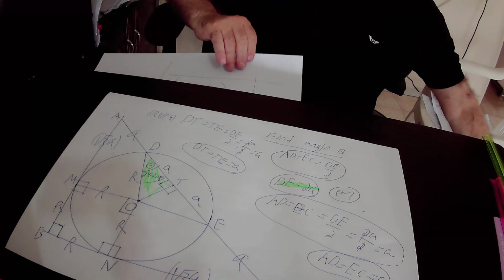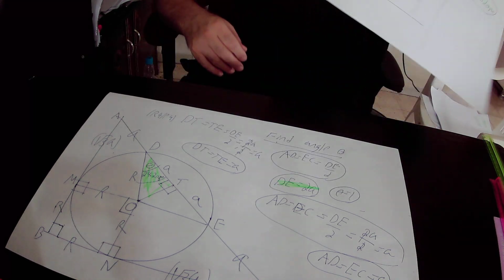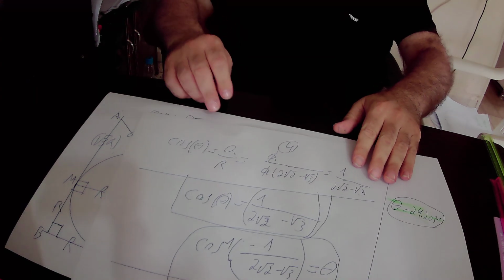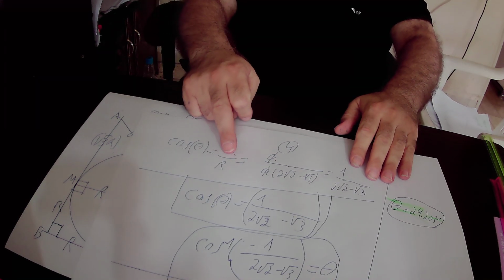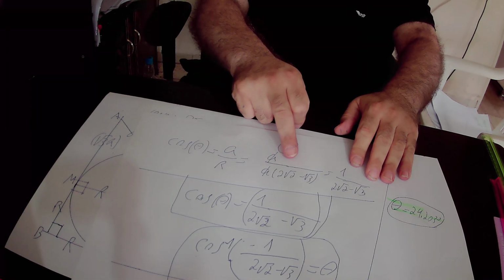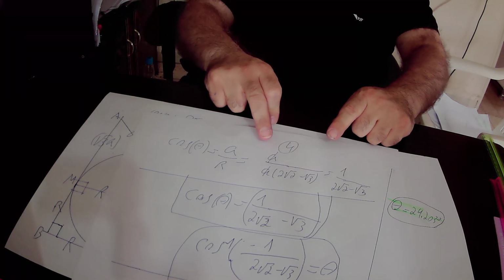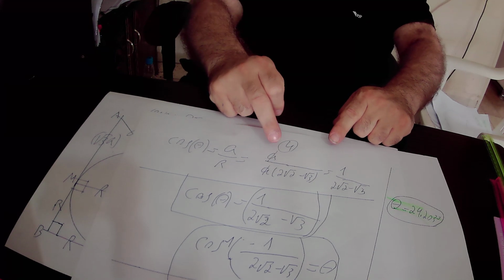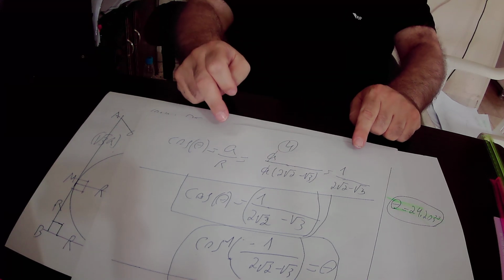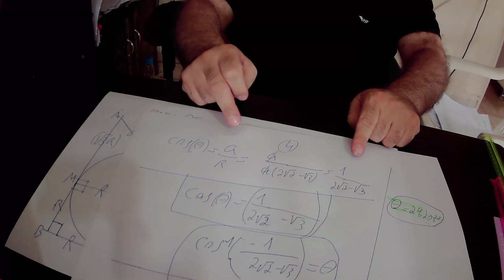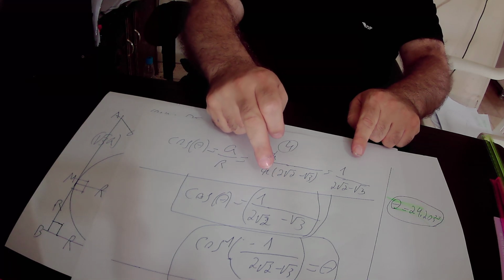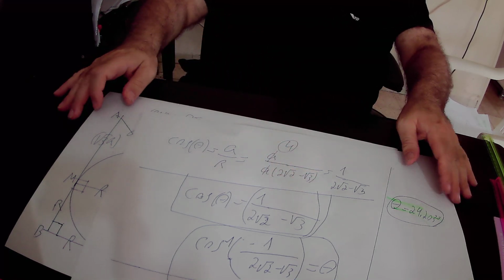And we got that, again, cosine theta equals A over R. We substitute R by A times (2 times square root of 2 minus square root of 3). We have A in the numerator and A in the denominator, so A will get cancelled, and we are left with cosine theta equals 1 over (2 times square root of 2 minus square root of 3).